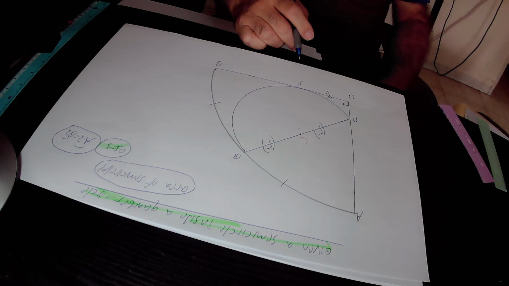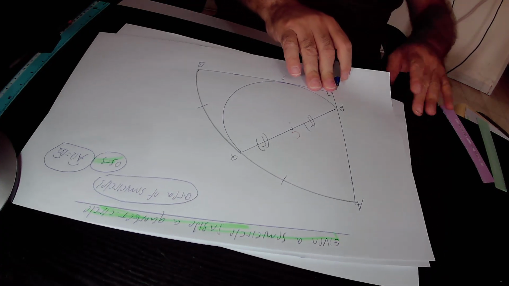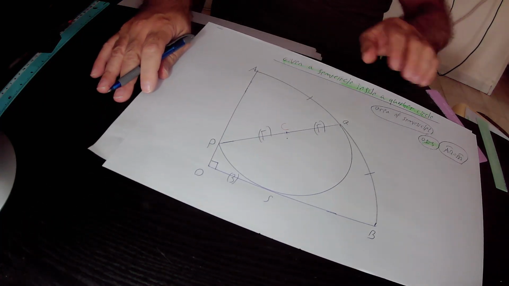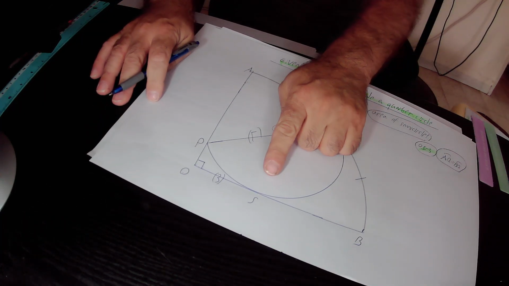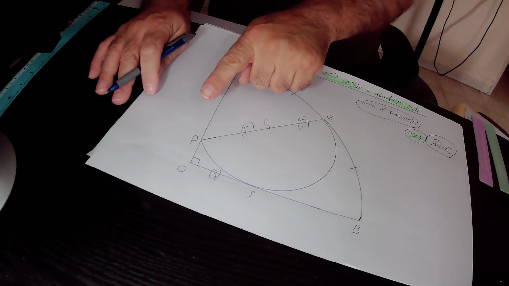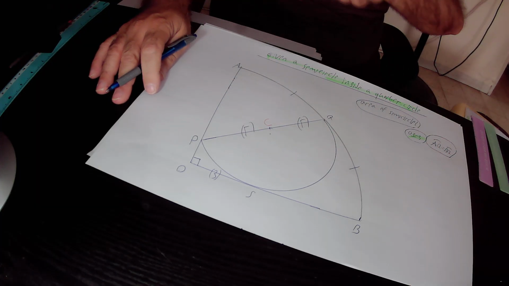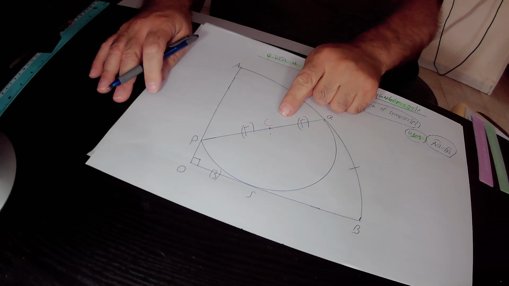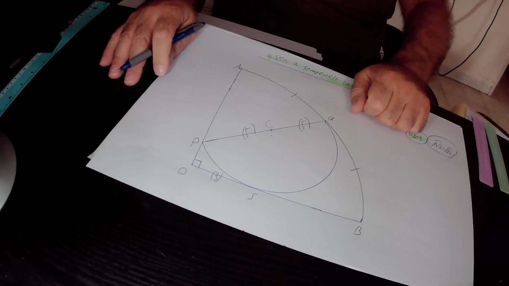This is point S. This is the point of tangency of tangent OB with this semicircle. So in the next step, we join point C and S together by a straight line.